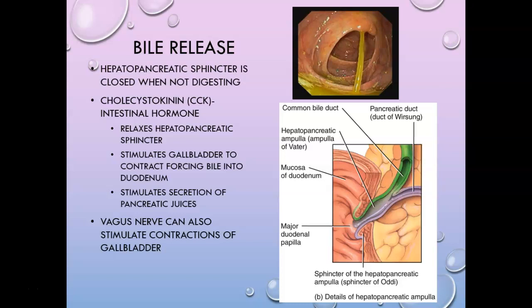That forces that bile through the common bile duct, and it is emptied into the lumen of the duodenum. The cholecystokinin is also going to trigger the release of those pancreatic juices, including the bicarbonate that neutralizes that acid. Bile emulsifies fats, which means it breaks big fats down into smaller fats. And again, we'll look at that when we look at the functions coming up.